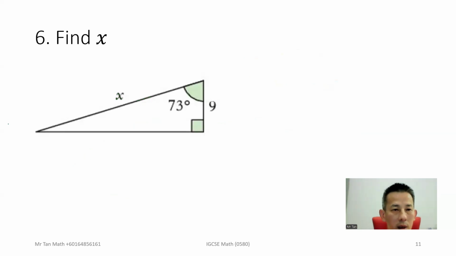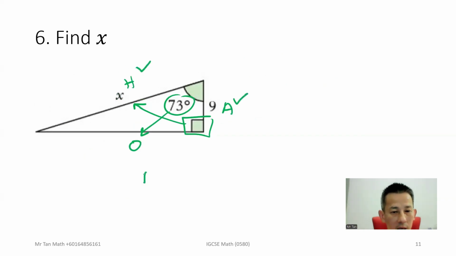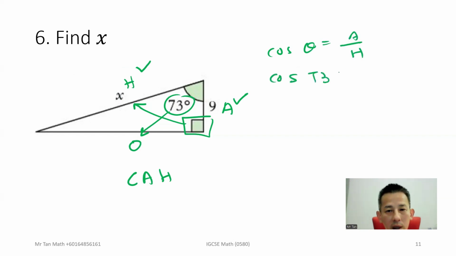Next question. Again, this is a right angle triangle. Next step, you identify the H, the O, and the A. So you're dealing with A and H. So it's cos theta equal to A over H. So cos 73 equal to A, which is 9, over H, which is x.